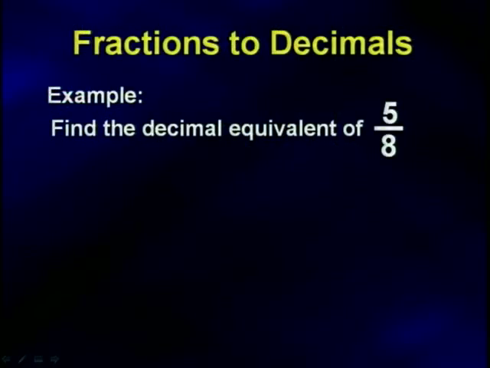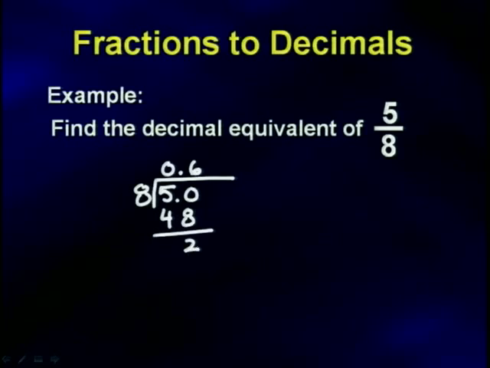Let's find the decimal equivalent of 5/8. So we'll take 5 and divide it by 8. Of course, 8 does not go into 5, but it will go into 50 6 times. 6 times 8 is 48. Subtracting, we'll get 2. Bring down a 0. 8 goes into 20 twice, giving us 16. 20 minus 16 is 4.